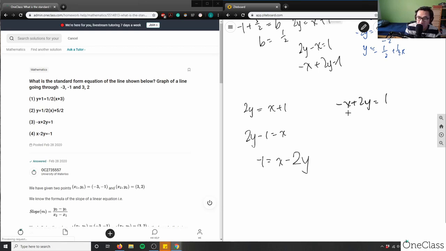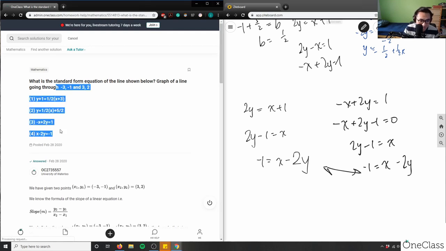If I moved 1 to this side, I get negative x plus 2y minus 1 equals 0. I'm moving x to the other side, so I have 2y minus 1 equals x, and if I move 2y to the other side, it's negative 1 equals x minus 2y, right? So these two values are also the same here. So again, all of these solutions here are correct.